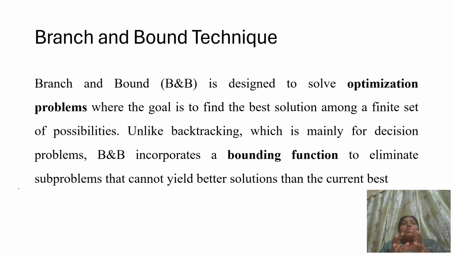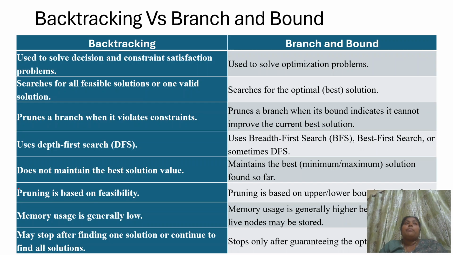The solutions that do not yield a better solution are discarded using this bound. Normally in optimization we have minimization problems as well as maximization problems. For the minimization problem we use the lower bound function, and for the maximization problem we use the upper bound function.